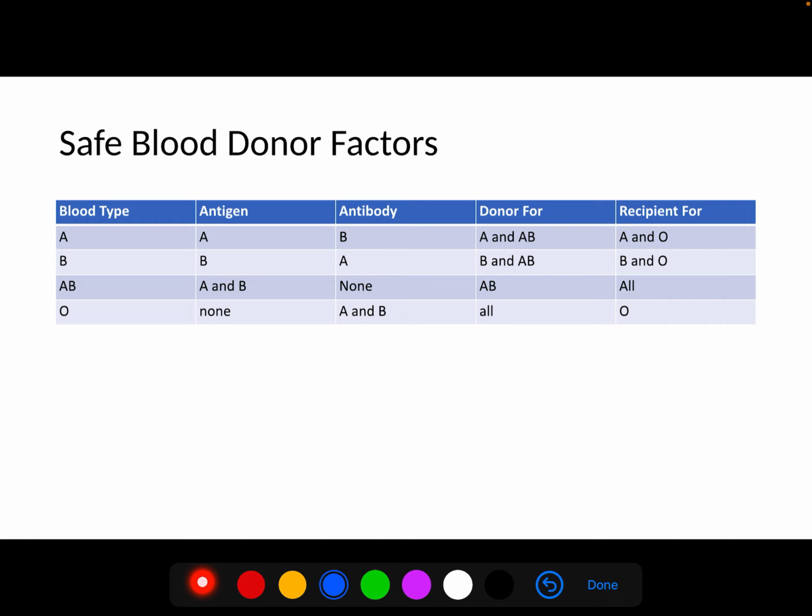However, because they have both A and B antibodies, they cannot receive any blood that has any antigens. So they can only receive from other people that are type O. So make sure to look at this, and you're looking to see, whenever they're receiving blood, is it going to react with their antibodies?